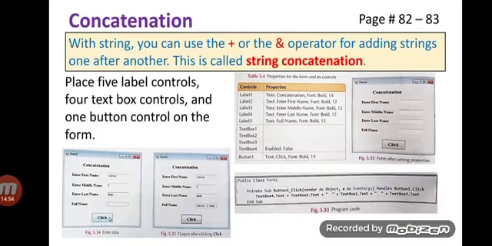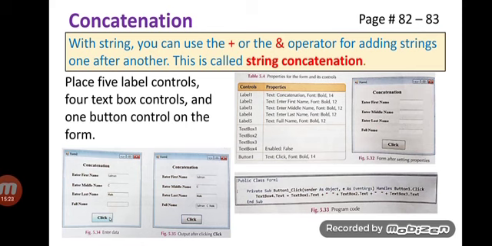Next we have concatenation. Concatenation is a process with strings. You can use the plus or the ampersand operator for adding strings one after another. In this concatenation you can join both things.